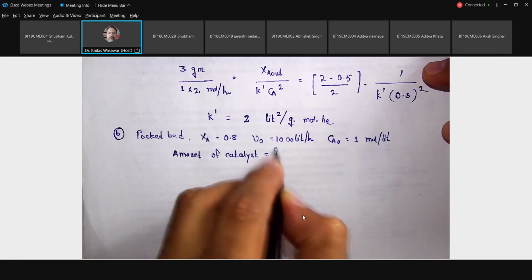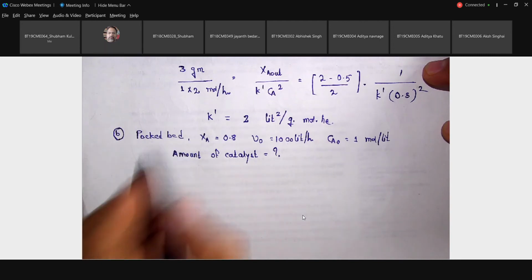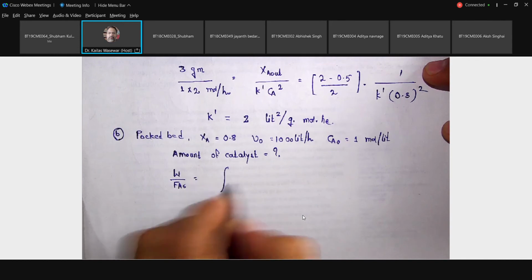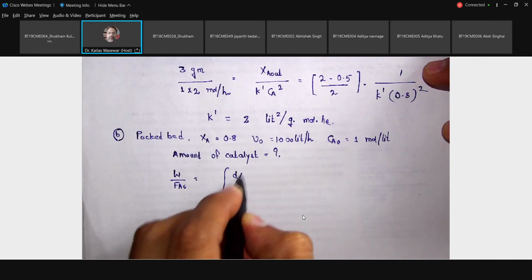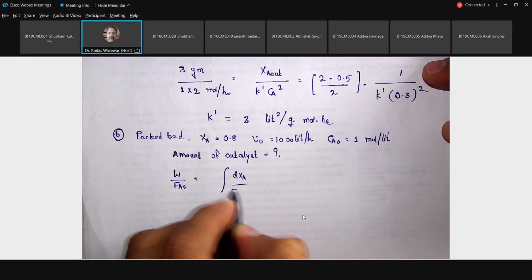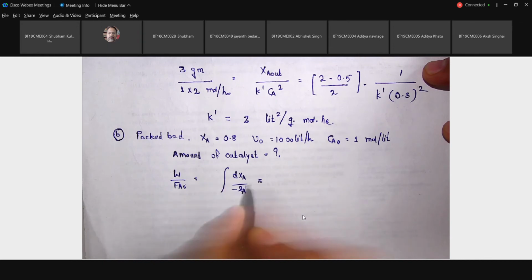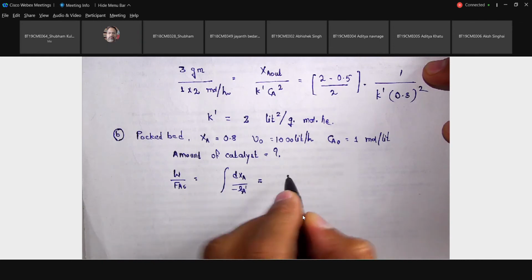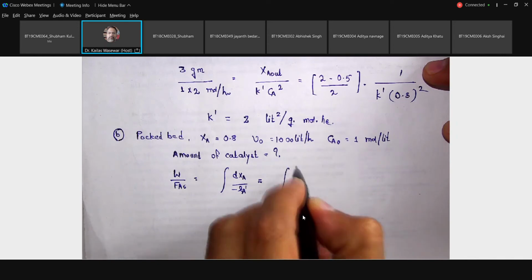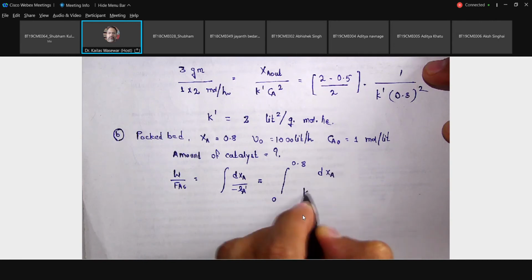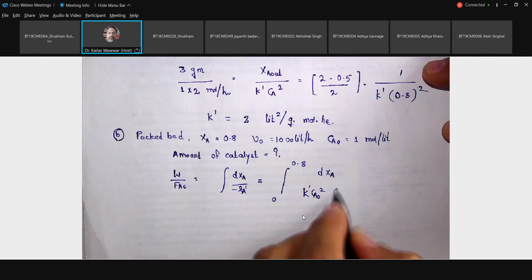So it is a very straightforward equation: W upon FA0 is equal to the integral of dXA upon minus rA. You can easily write it here, from 0 to 0.8, dXA upon k Ca0 square into (1 minus XA) squared. K is known, Ca0 square is known.